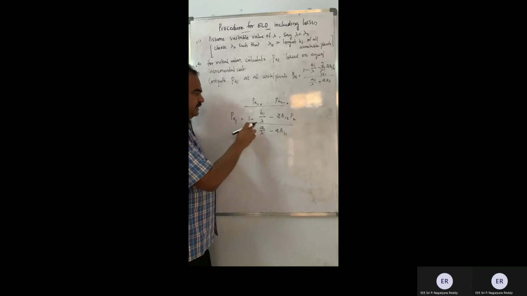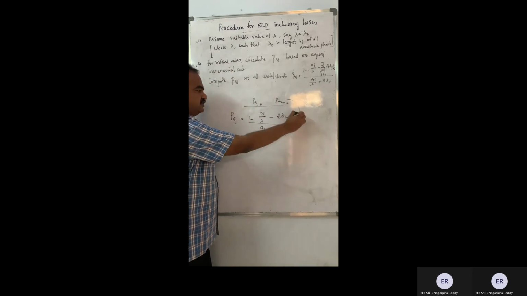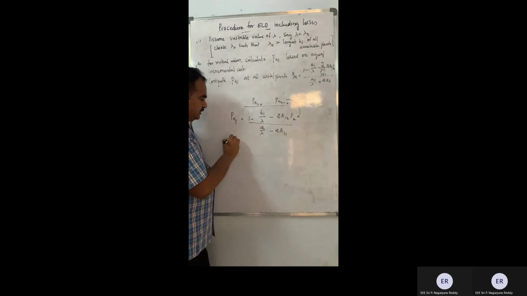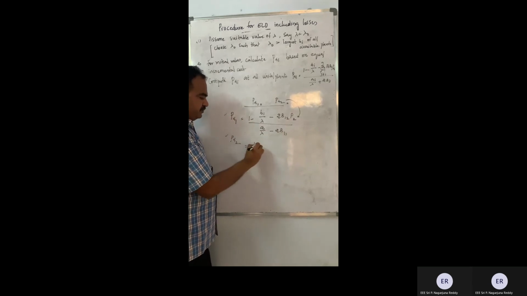I have the values of A, Bi, Ai, and B coefficients. Now I am employing this initial value to compute PG1. Now, when PG1 is computed, PG2 is also to be computed, right?